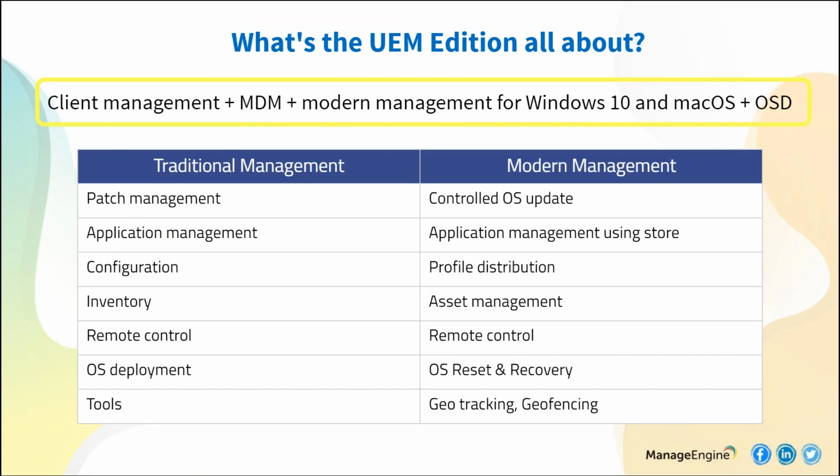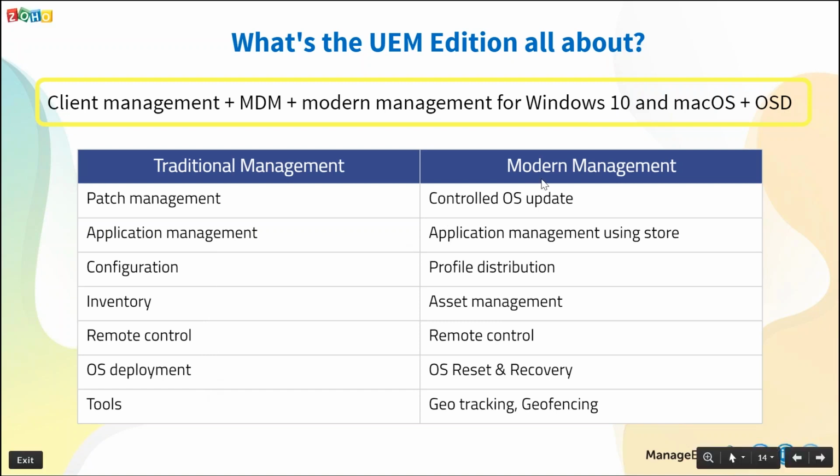In unified endpoint management, you can manage endpoints in a traditional IT management, which includes patch management, application management, configuration deployment, asset management, remote control, OS deployment, and tools for troubleshooting.